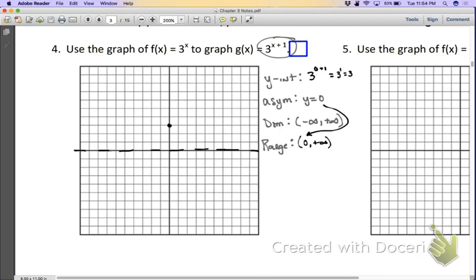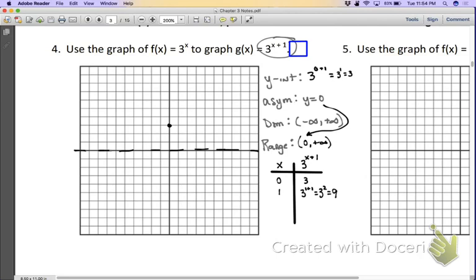Now, it's completely up to you. Realistically, it's probably just as easy to take a few numbers. My values for x, and this is just 3 to the x plus 1. We already know what 0 is. You can go 1: 3 to the 1 plus 1 is just 3 to the second, so that's 9.